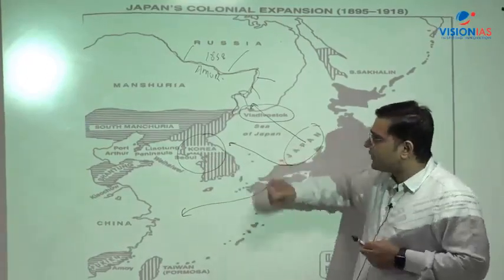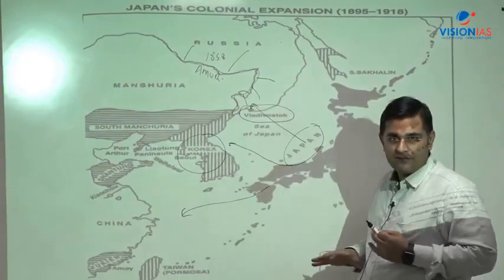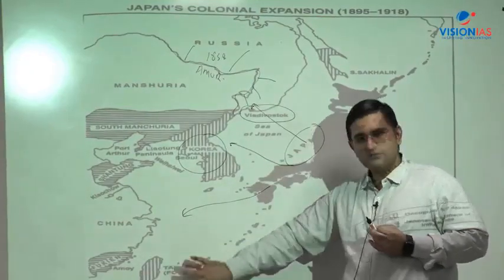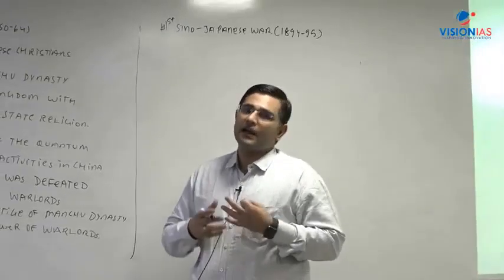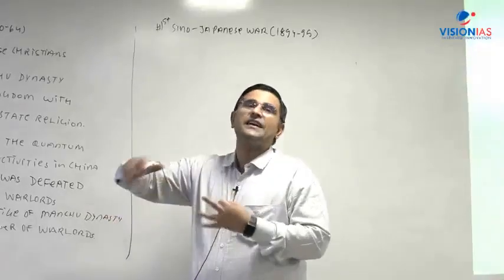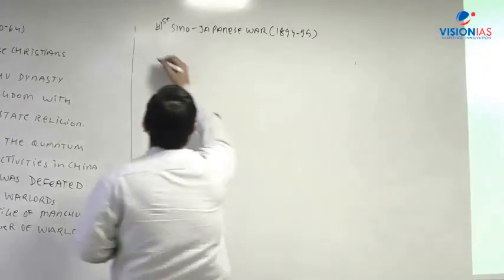The Japanese wanted to increase their influence in the backyard. Also here is your Taiwan, so we will keep this in mind too. So what is the reason for this First Sino-Japanese War? The Manchu dynasty is weak and Japan wants to increase its influence in Korea.